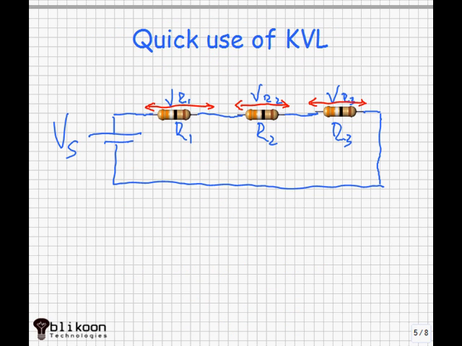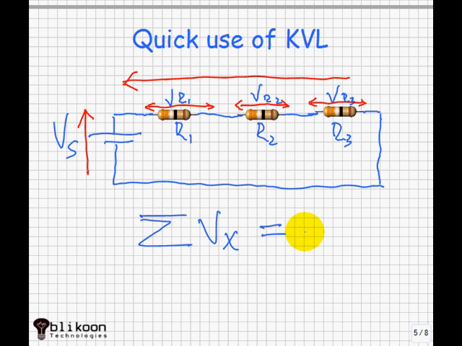Now we get a chance to practice KVL. The voltage source provides energy to the circuit, and these resistors come to consume energy. KVL says that the sum of all the voltages in the circuit equals 0. In the circuit loop, I mean.